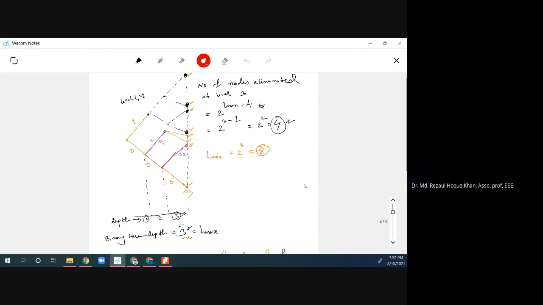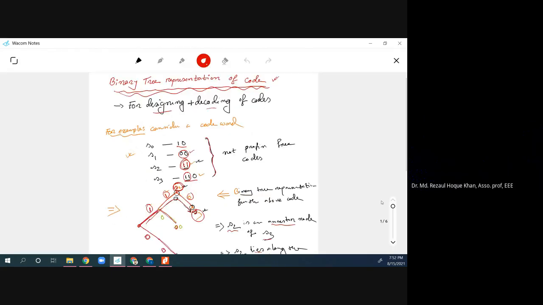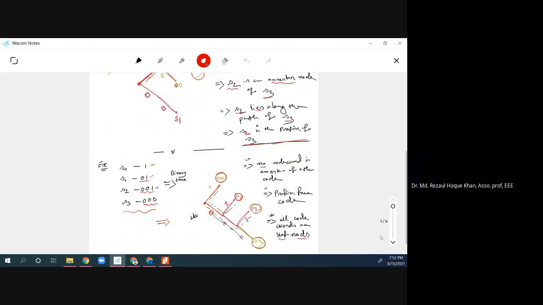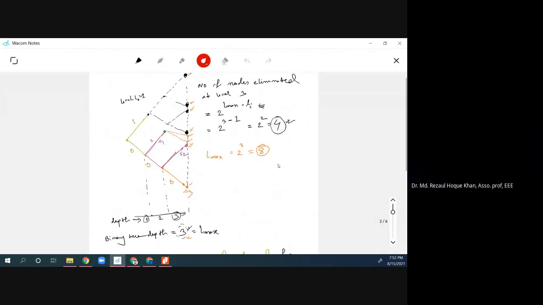Now the same previous example is again represented here in a nice diagram.